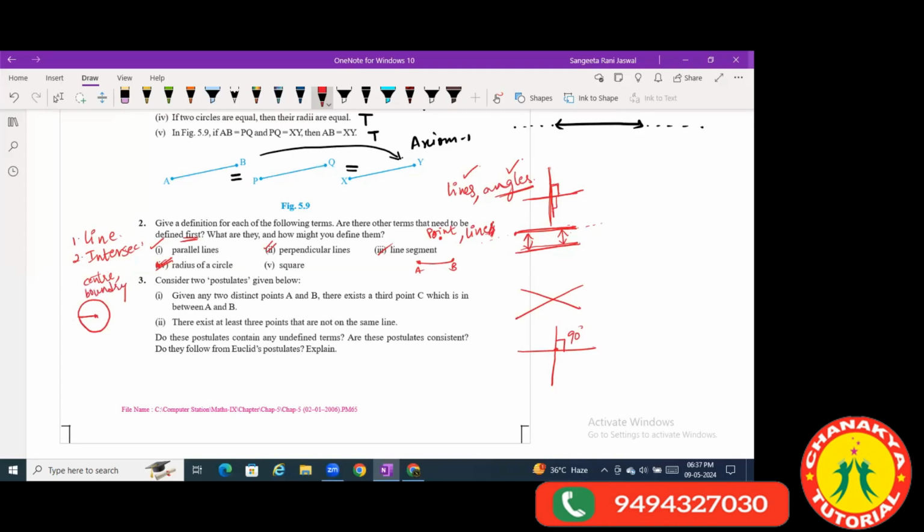Don't write circumference, because circumference is something that we study after that. So just write the boundary. The encircling part, that's the boundary. So write down, before studying radius of a circle, we should know about the center and the boundary part.